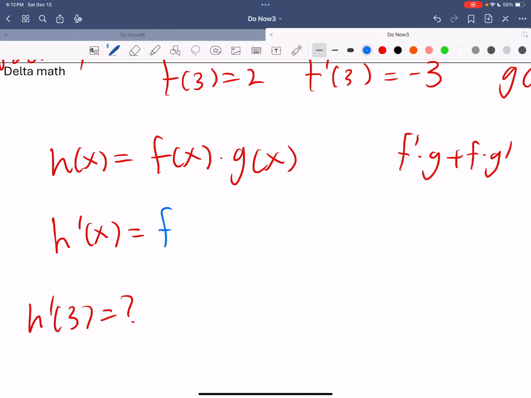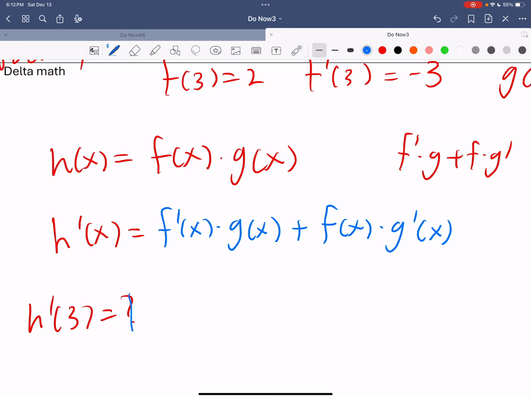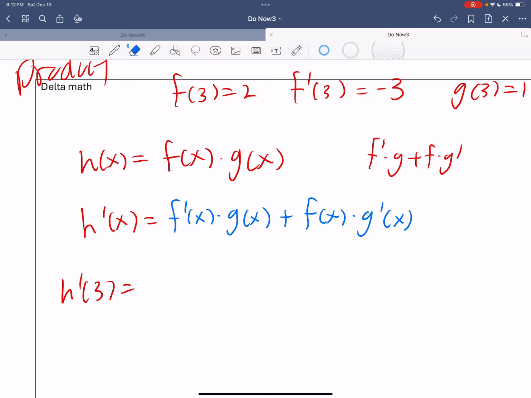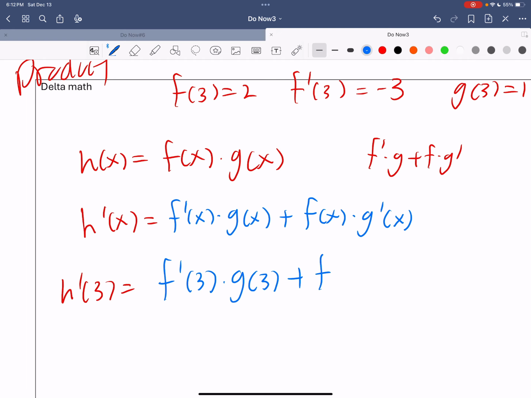So it's going to be F prime of X times G of X plus F of X times G prime of X. The question is, we want to find H prime of 3, so you're going to plug in 3. That's F prime of 3 times G of 3, and instead of X, I'm just substituting 3.